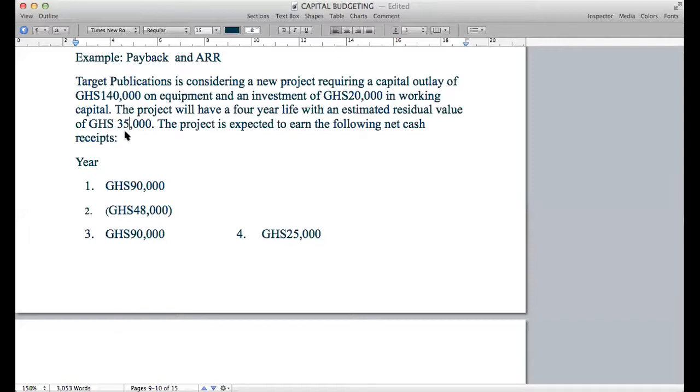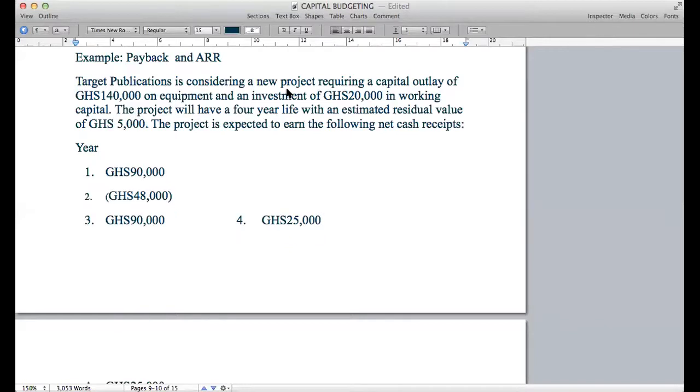Good, the same question. The scrap value is 5,000. And then the investment working capital, still 20,000.